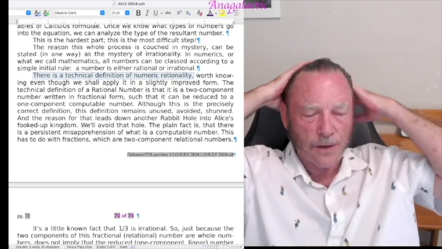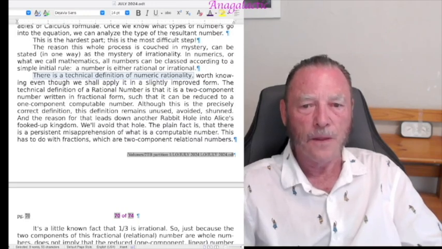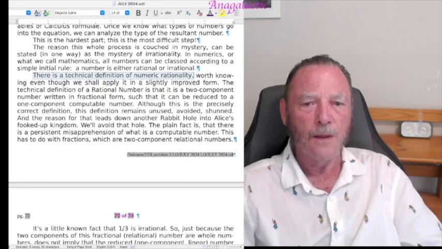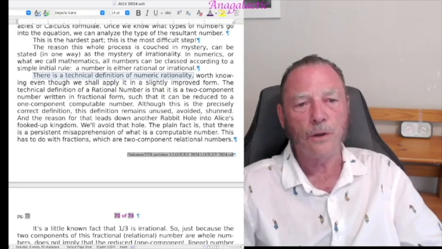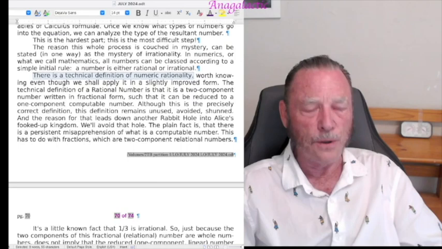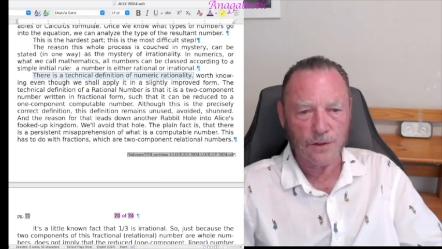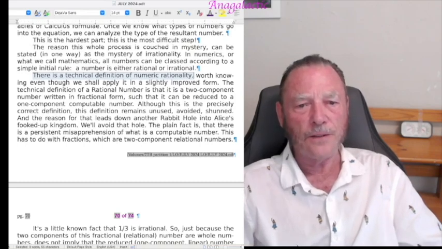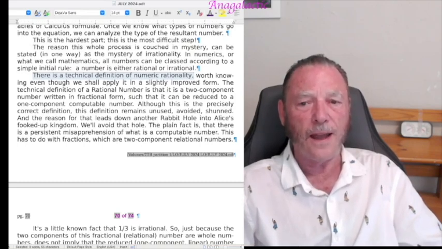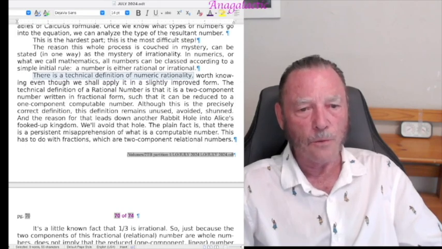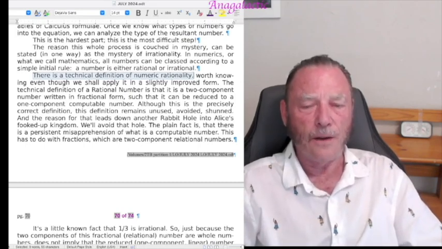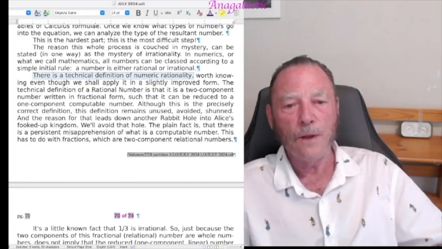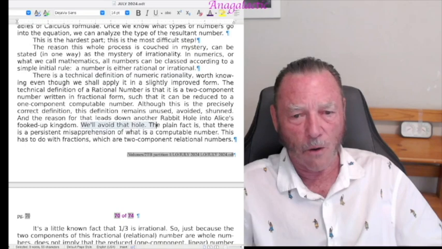The technical definition of a rational number is that it is a two-component number written in fractional form, such that it can be reduced to a one-component computable number. Although this is the precisely correct definition, this definition remains unused, avoided, and shunned. And the reason for that leads down another rabbit hole into Alice's kingdom. We wish to avoid that hole.